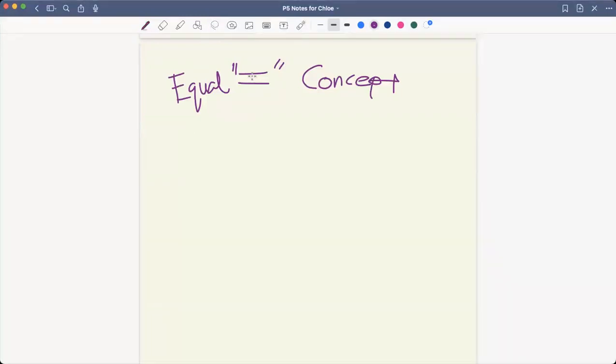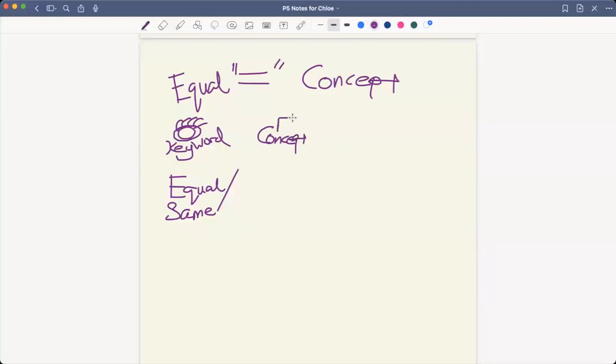So same thing, when you see the keyword equal or same, the concept is actually equal concept.